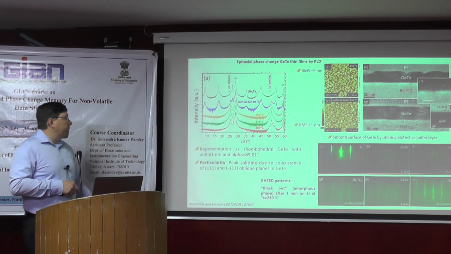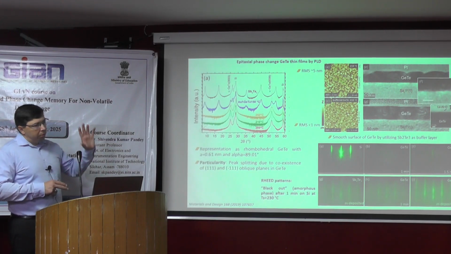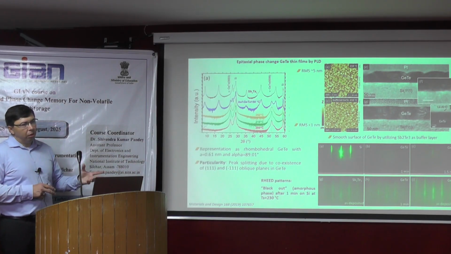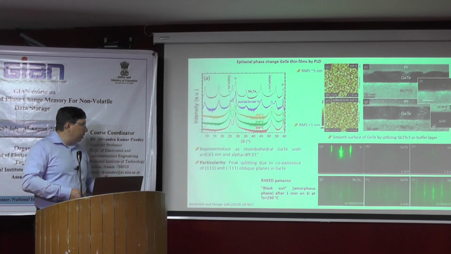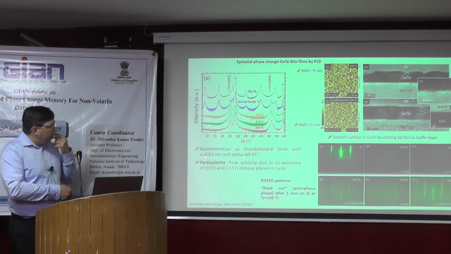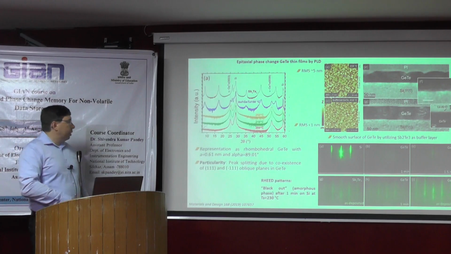One interesting feature for germanium telluride: it's trigonal, but it can also be represented as a rhombohedral unit cell. So you can make operations, and then you can represent this cell crystallographically as rhombohedral with a 0.61 and alpha 89.0 degrees.